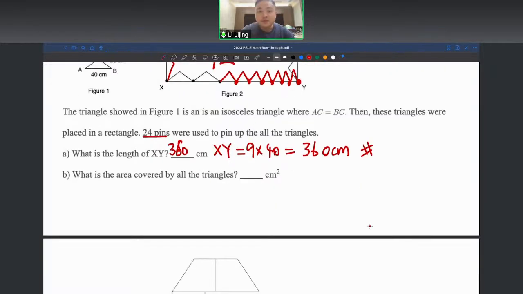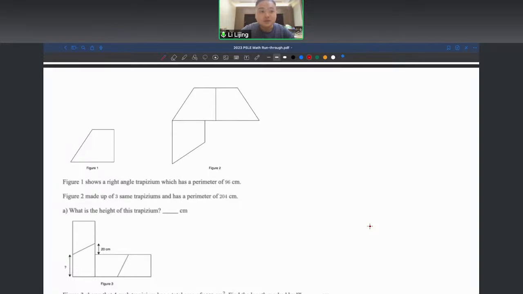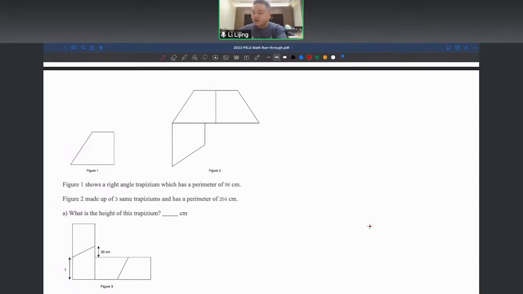Okay, let's go through the last question of the day. It's your last question from your paper 2, question 17. This trapezium question, how many of you find it easy? Please type in the comment section.